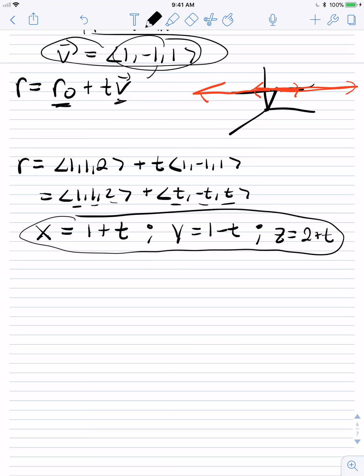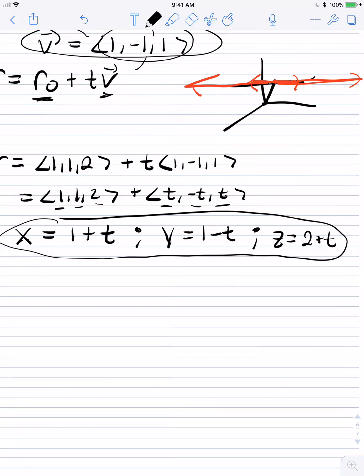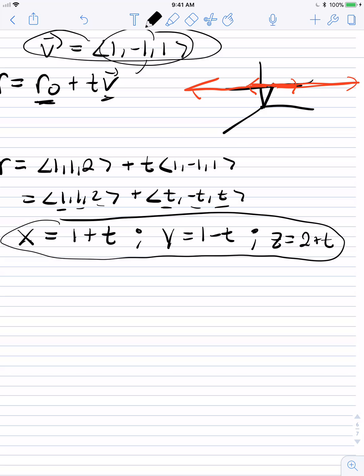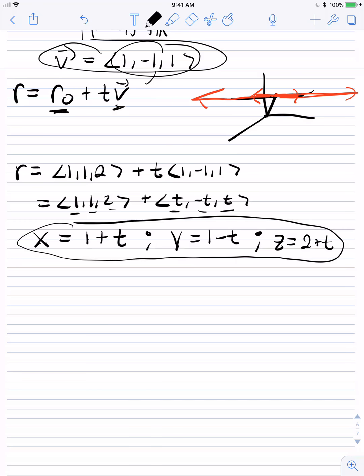Now to find the symmetric equations, all we have to do is solve for t. In this case, all the t values are going to be the same, so I can set them all equal to each other. For the x part, I can subtract the 1 to get t equals x minus 1. Solving for t in y equals 1 minus t, I can add the t to both sides and then subtract the y, so t equals 1 minus y, which is the same t.